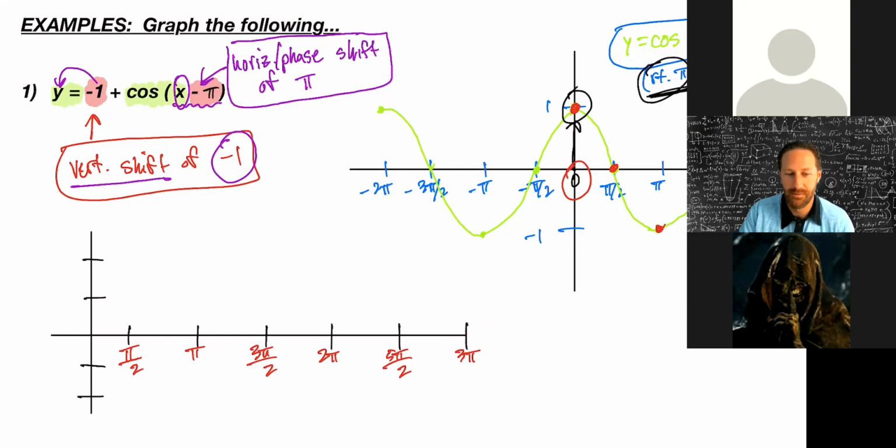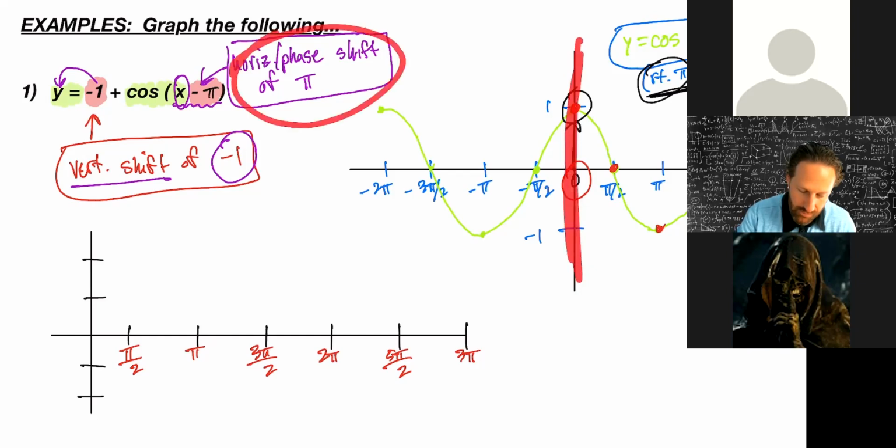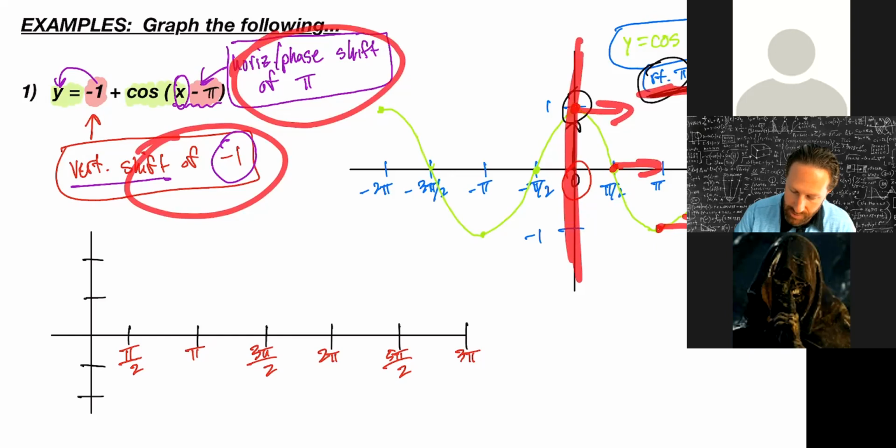Do you guys see that? So I'm taking this graph right here, right? And I'm doing one of these things at a time. I'm starting with the right pi. And we said that we're going to move all of these points right a distance of pi.